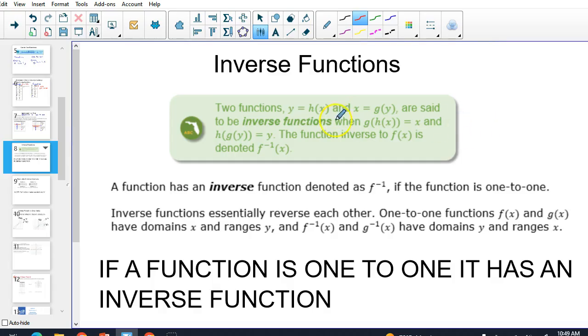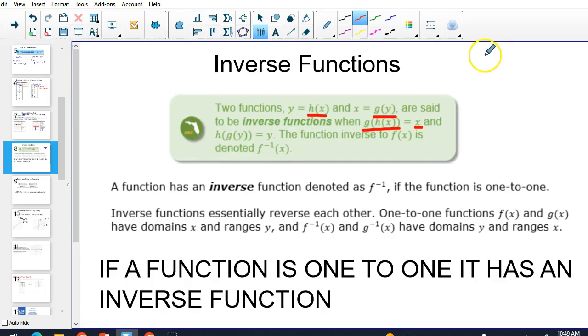Okay? It's called an inverse when, if we have two functions, h of x and g of y, they're said to be inverses if g of h of x is equal to x. What that means is if I plug a function into another function, it's going to cancel itself out. They're inverses because they cancel each other out.